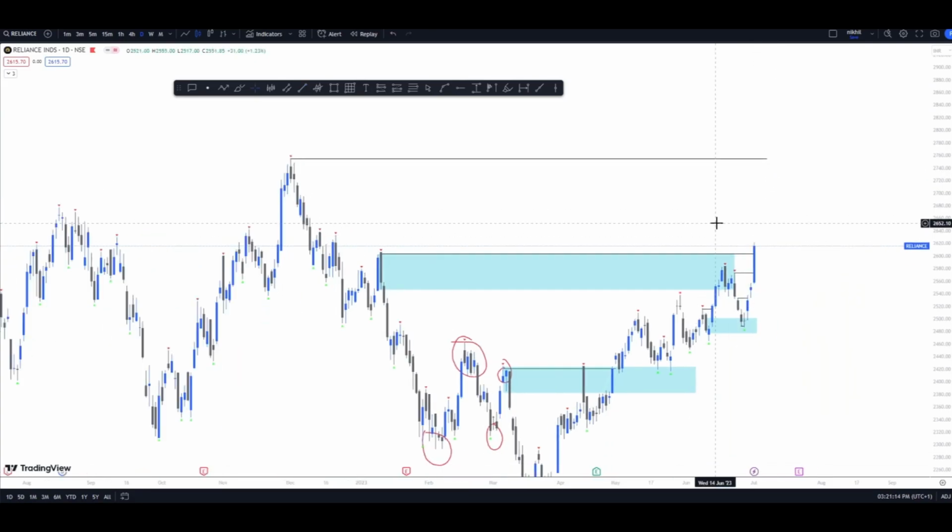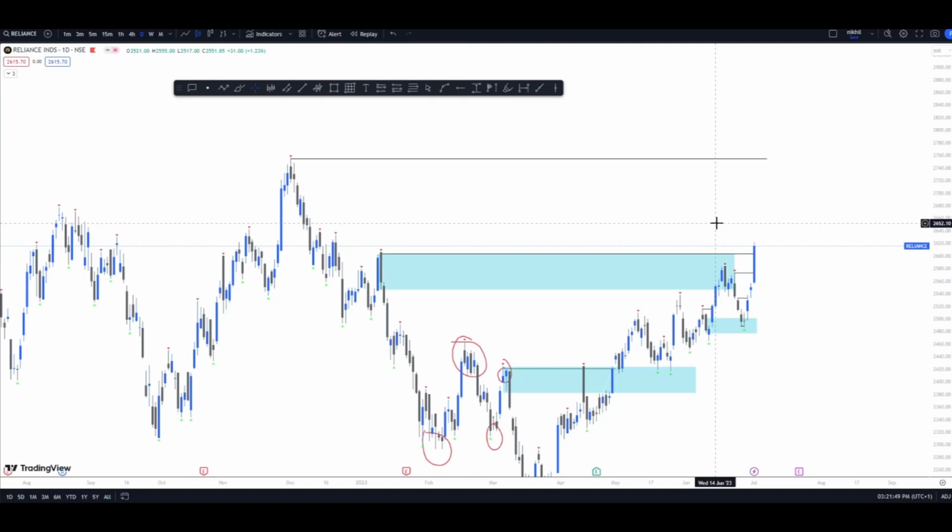But for that price को क्या मांगता, गाड़ी चलने के लिए गाड़ी को क्या मांगता है? पेट्रोल, फ्यूल, और मार्केट को चलने के लिए क्या मांगता? लिक्विडिटी. ओके, सो फॉर प्राइस टू गो अप, or down, it need liquidity.